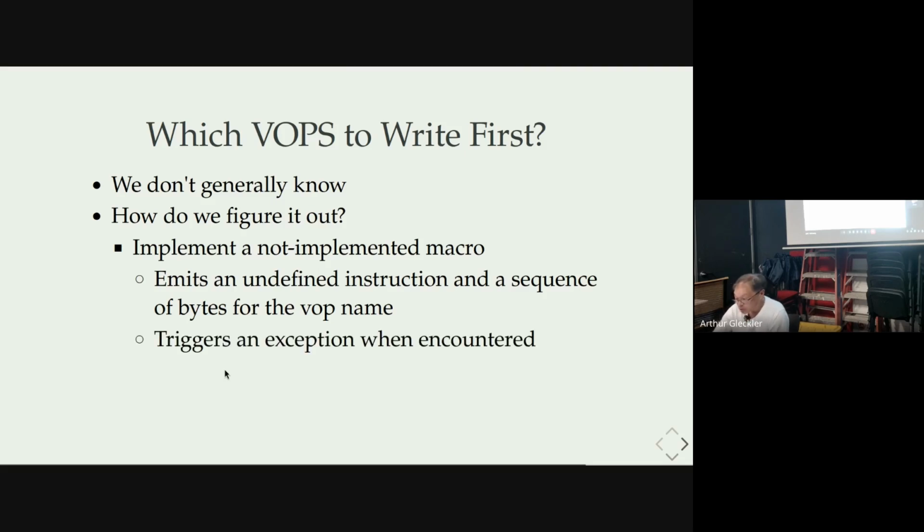And then as the code executes, of course, this undefined instruction triggers an exception. We wrote a whole bunch of C code to handle the exception and Lisp to recognize the exception if needed.